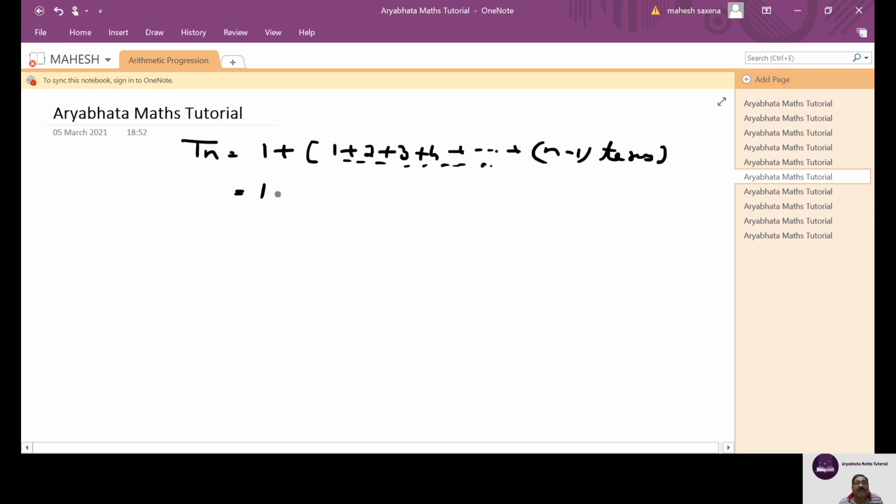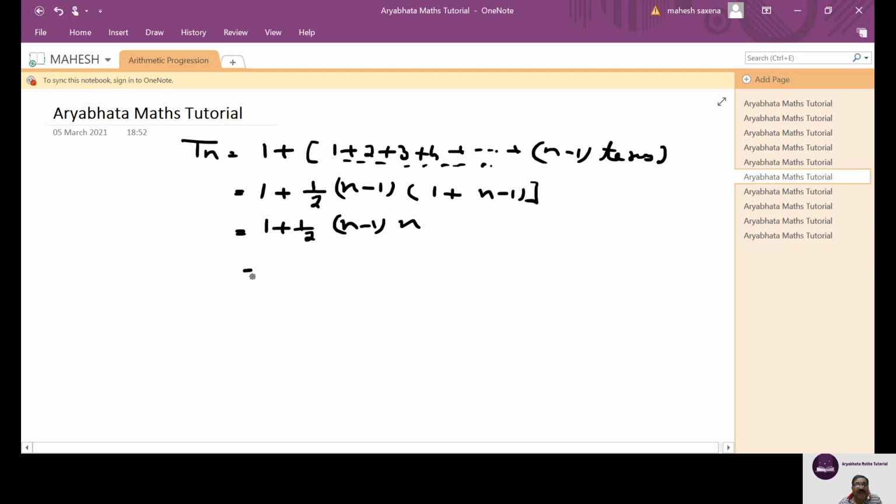Therefore, it will be 1 plus 1 by 2. Number of terms are n minus 1. First term is 1. Last term will be n minus 1. Therefore, it is 1 plus 1 by 2, n minus 1 into n.